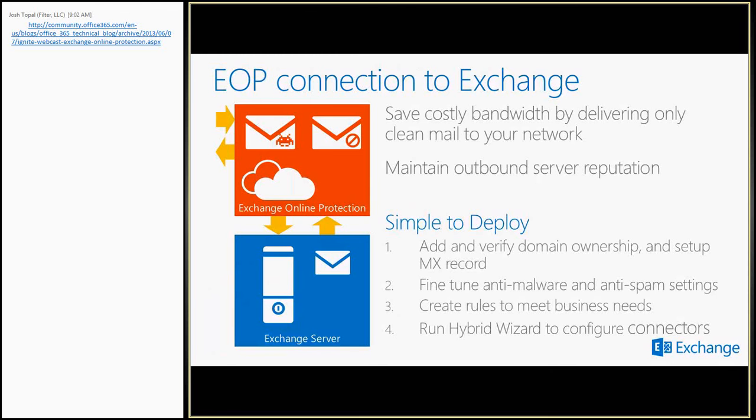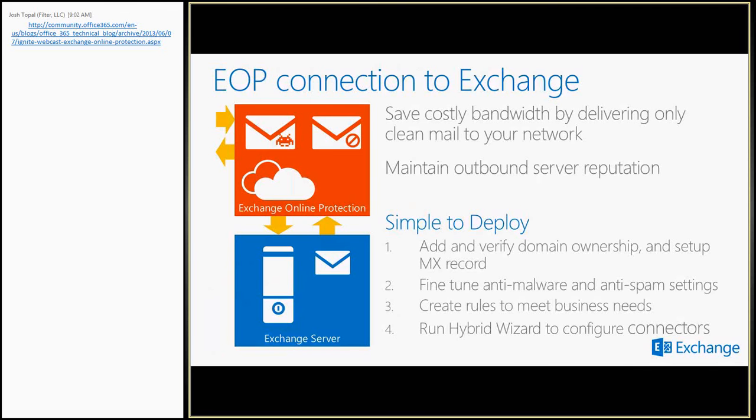So there is this sort of peering relationship between an Exchange organization on premises and Exchange Online Protection, whereby for inbound and outbound mail, we've got benefits of protecting both. And by protecting your outbound mail, and we'll talk a little bit more about how we do that, we can protect your reputation if, for whatever reason, one of your PCs, for example, gets compromised and starts sending out sorts of messages that would be blocked.